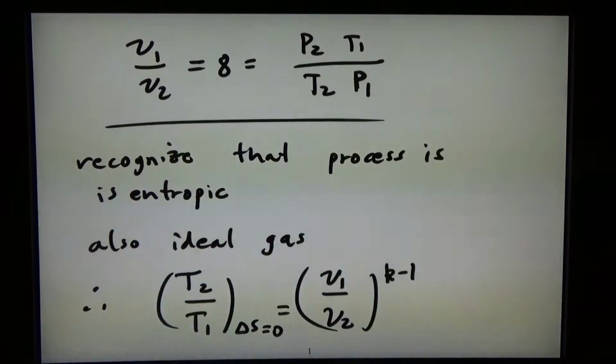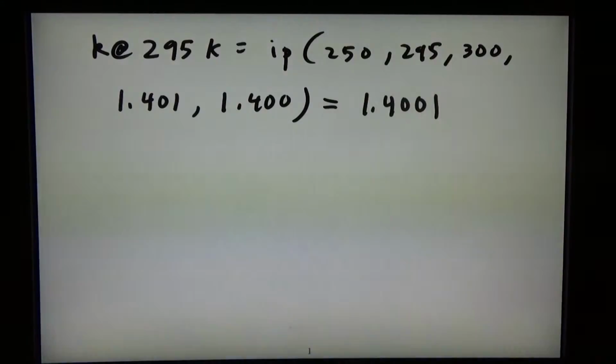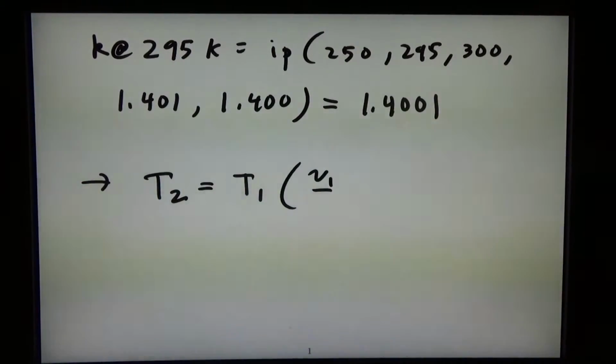Alright, now we can solve for T2. If we multiply both sides by T1, we can isolate T2, and we get T2 is equal to T1 times V1 over V2 to the power of k minus 1.